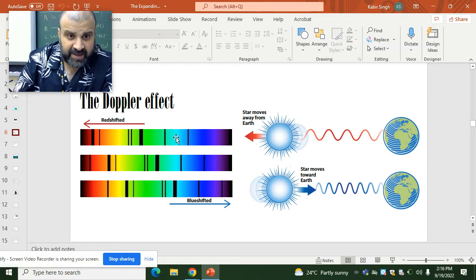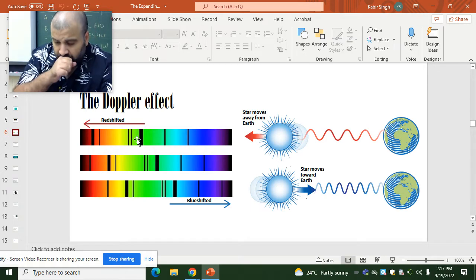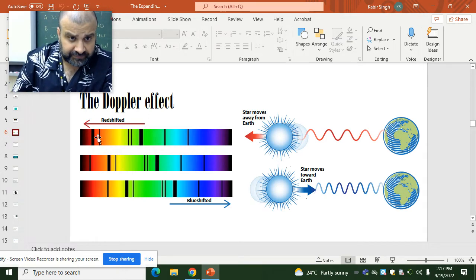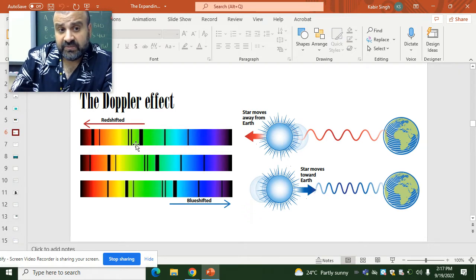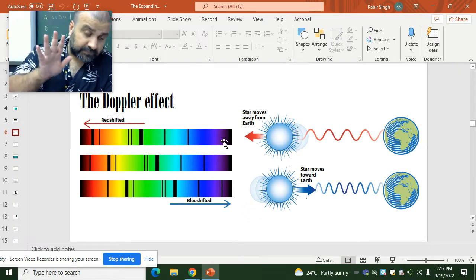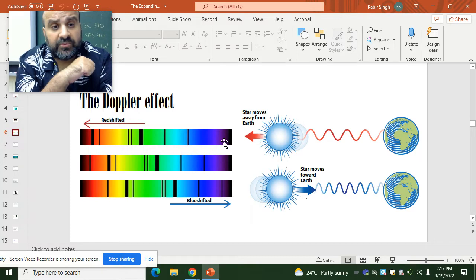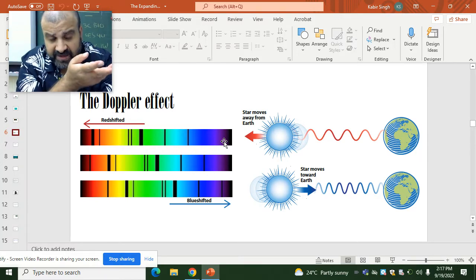We see the same pattern, but this bold line here is shifted to the red side. This double paired line in the green is shifted into the yellow, right? This group here is shifted this way. Okay? So if the lines are shifted to the red side, that stellar object is moving away from us.